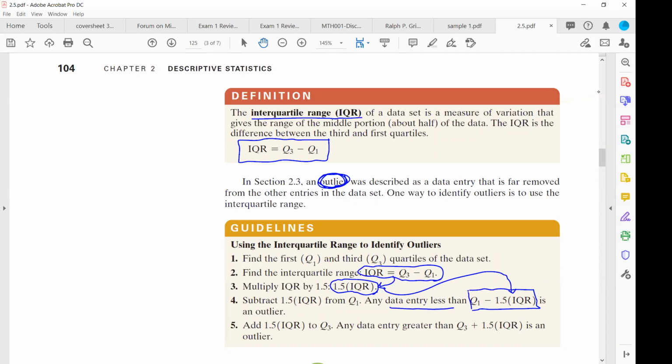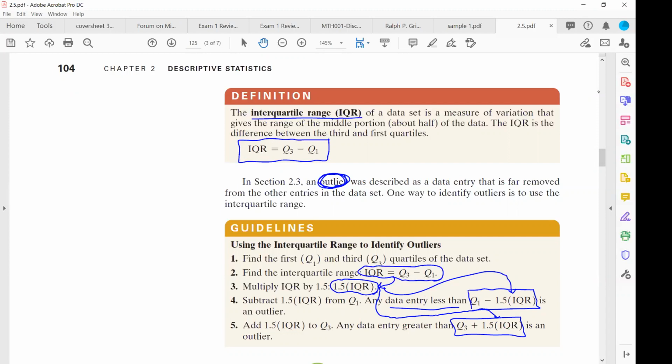Any number less than this number is going to be an outlier. In the last step, you add the third quartile and the number that you found in the third step. Any number greater than this number is going to be an outlier.